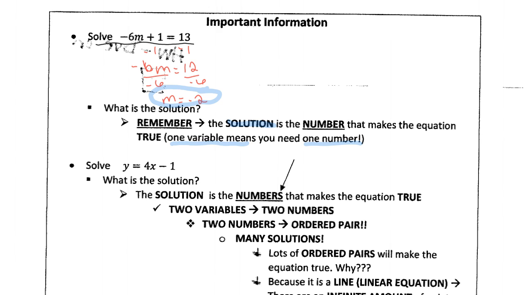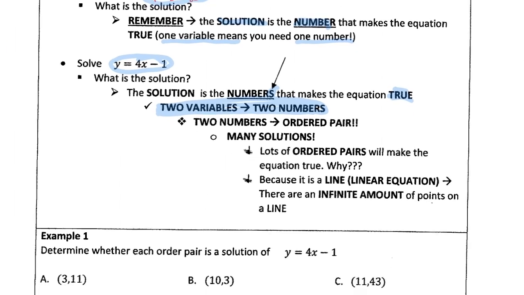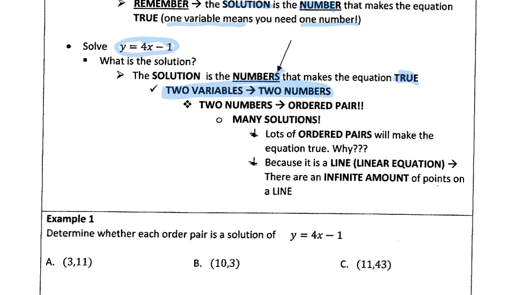However, if we have two variables, such as this example down here, we're going to have two numbers as the answer. Okay? So again, remember the solution is the number or numbers that make the equation true. Two variables means two numbers.